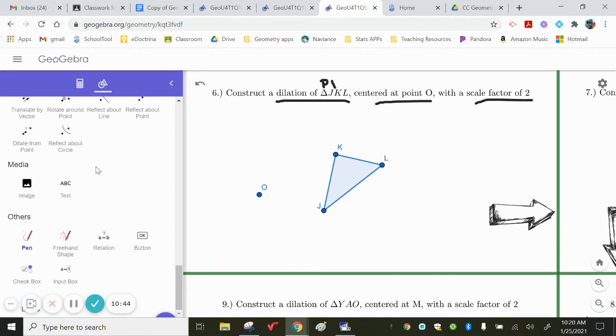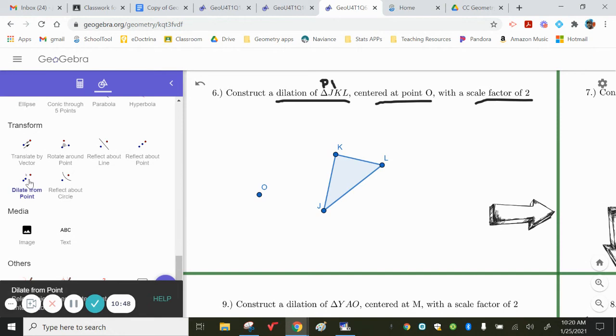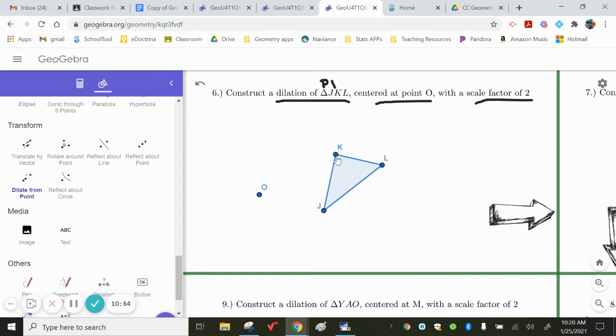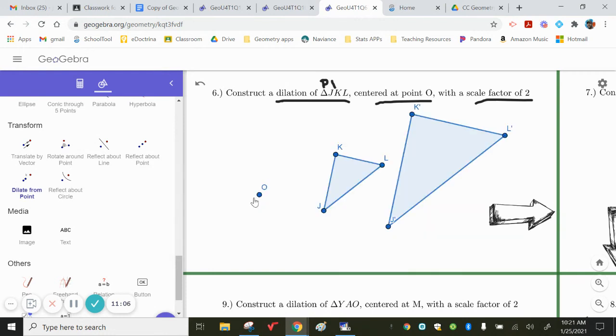So to do my dilation, I'm going to dilate from a center point of dilation. This time, make sure you click inside the triangle, anywhere in here, not one of the vertices, not one of the sides, but just somewhere in the triangle, and all 3 sides of the triangle are highlighted at the same time. Then I'm going to click the center of the dilation, point O, and the scale factor is 2, and hit enter. There it goes.